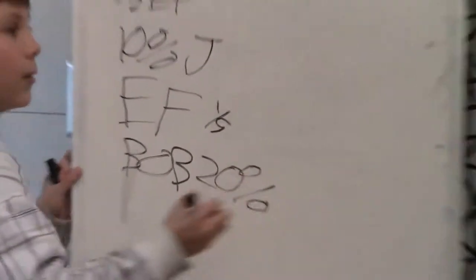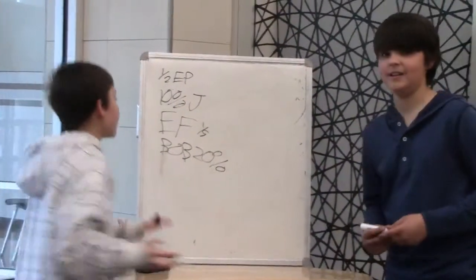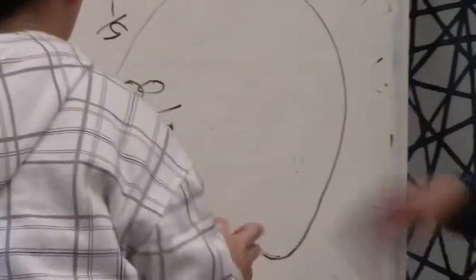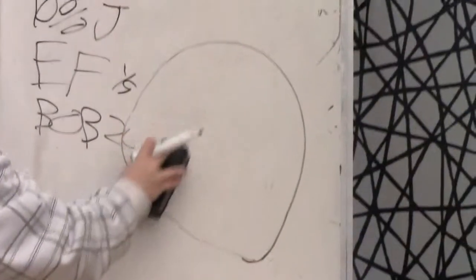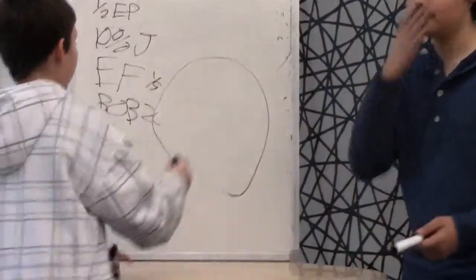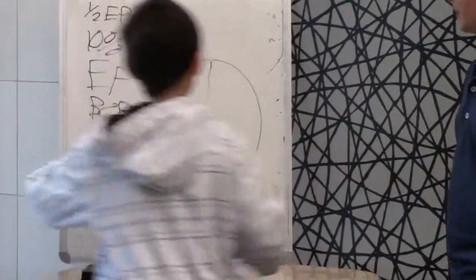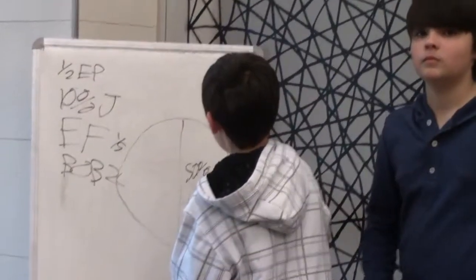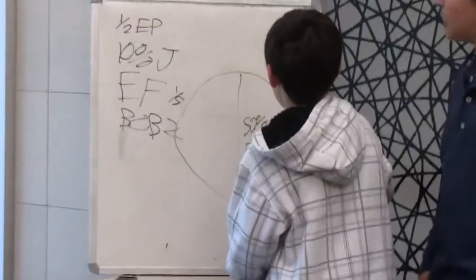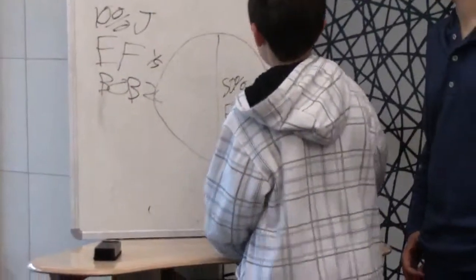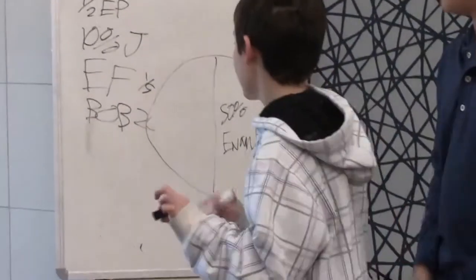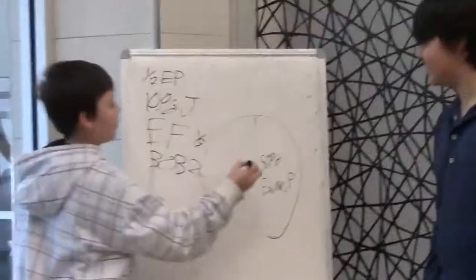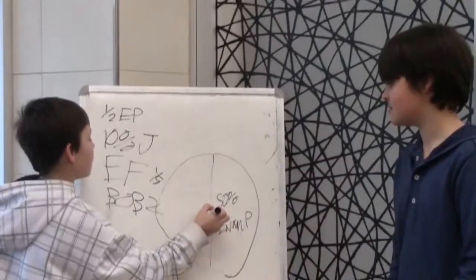But it's a circle. So what you do is you draw yourself a big fat circle. Then since Evan P scored half the points, you put 50% for Evan P. Let's just say that this is your middle.